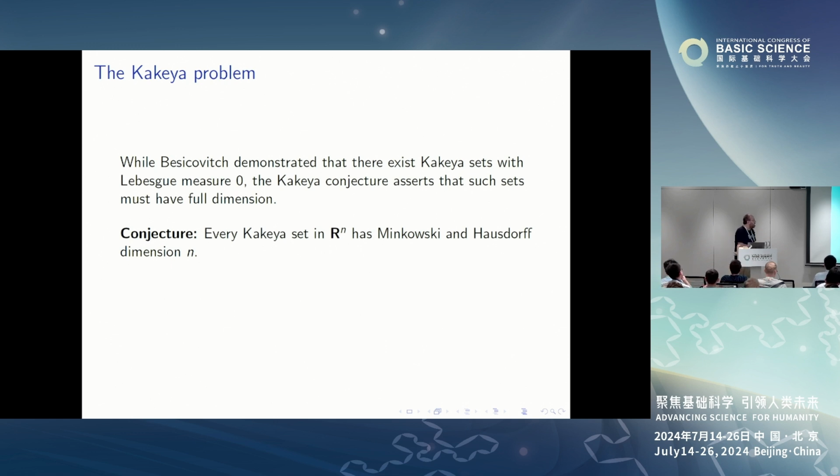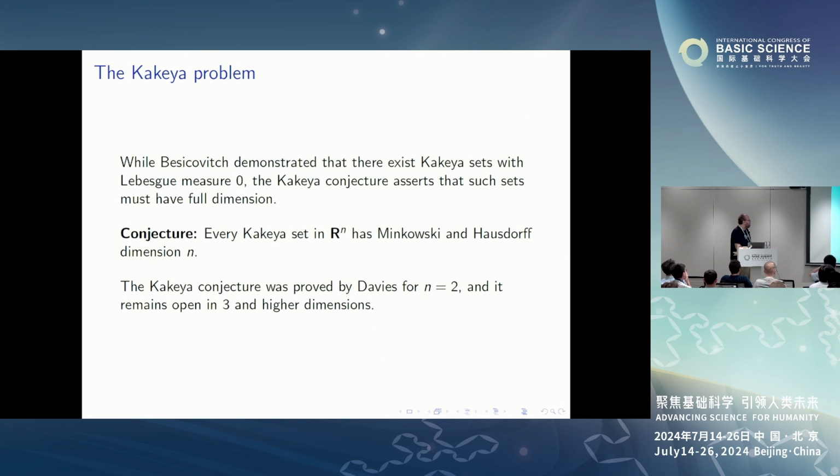But the conjecture is that every Kakeya set in R^n has Minkowski and Hausdorff dimension n. So there's this set of Besicovitch that has measure 0 in the plane, but it has dimension 2, both Hausdorff and Minkowski dimension 2. And the Kakeya conjecture was proved by Davies for n equals 2, but it remains open in 3 and higher dimensions.